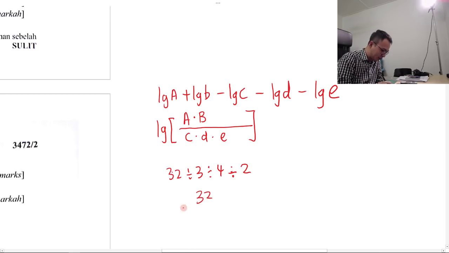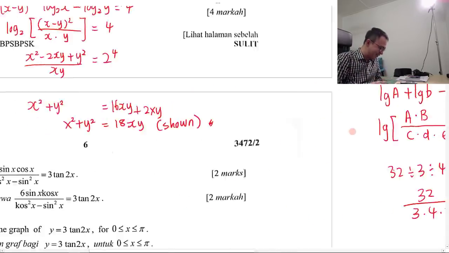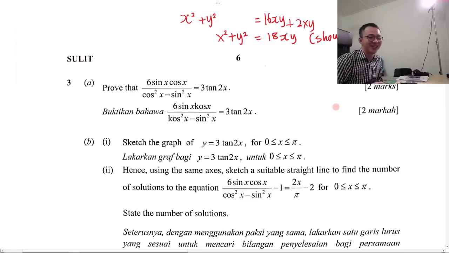So it's 32 divided by 3 divided by 4 divided by 2. But the relationship between them is always multiply. Okay, if you still do not understand the basics about divide, then sorry, I can't help you here. I'm going to move on because I have so many questions here.